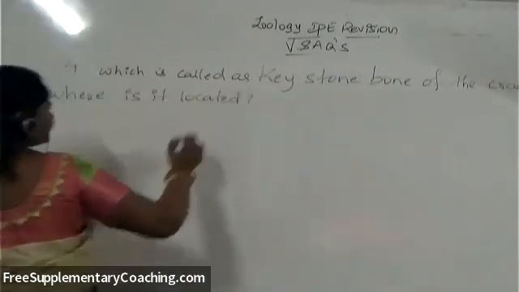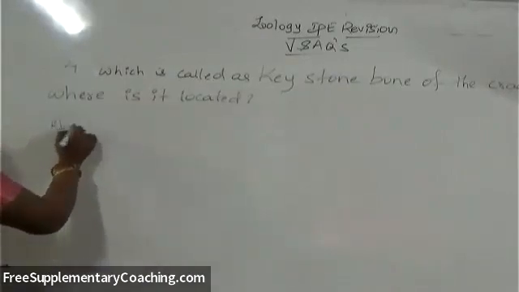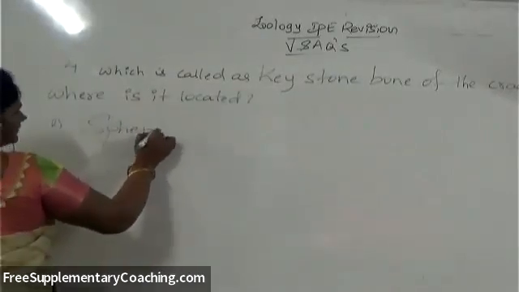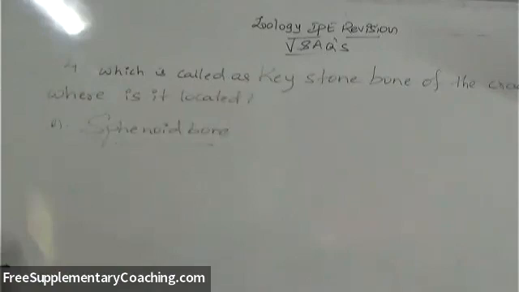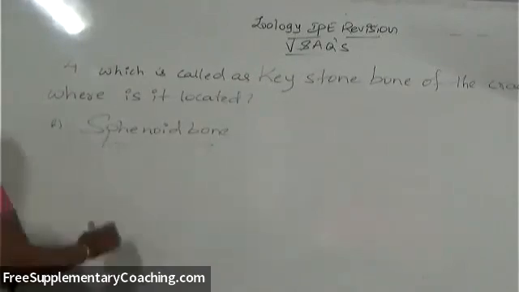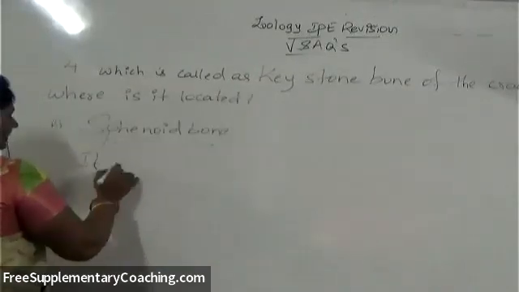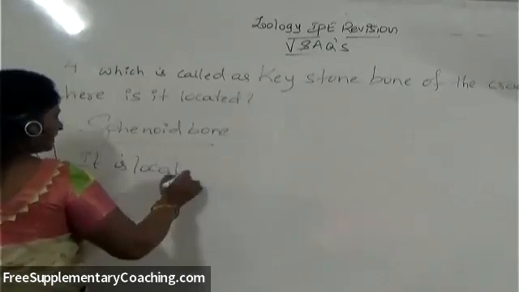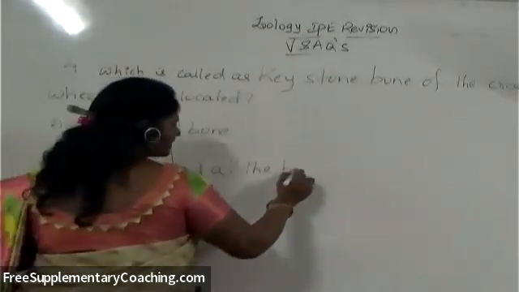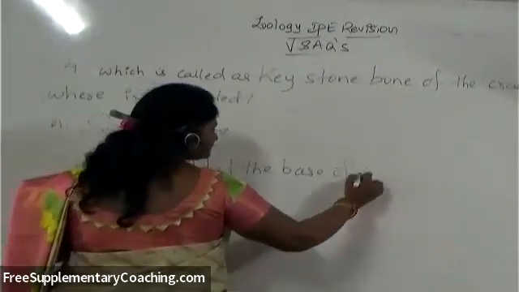So what is the answer you should write for this? Sphenoid bone is called the keystone bone of the cranium, and it is located at the base of the skull. You are supposed to write: the keystone bone of the cranium is the sphenoid bone, and it is located at the base of the skull.